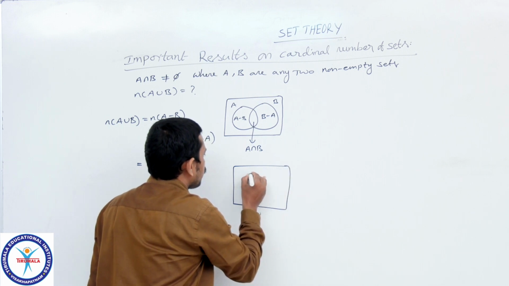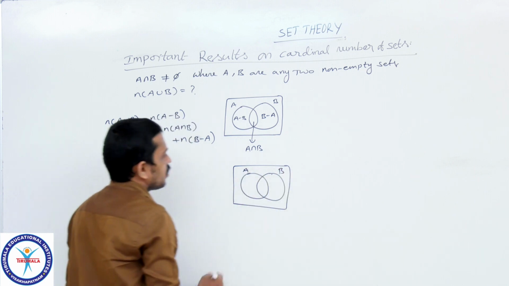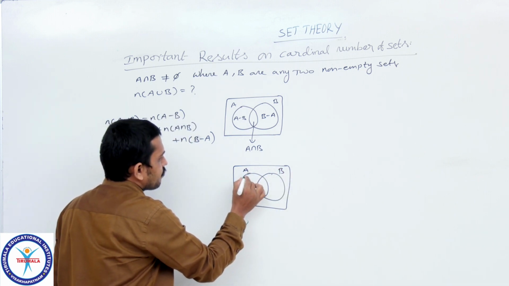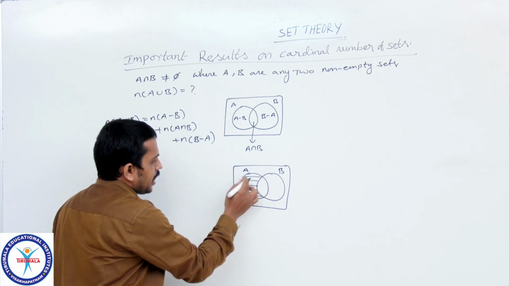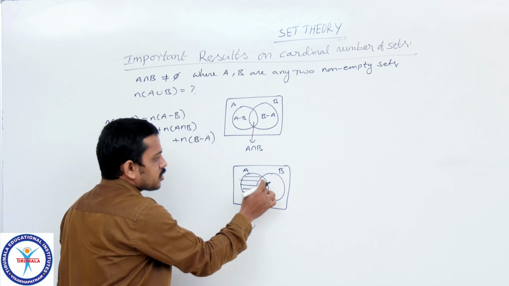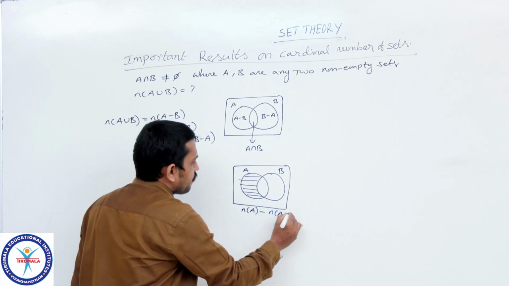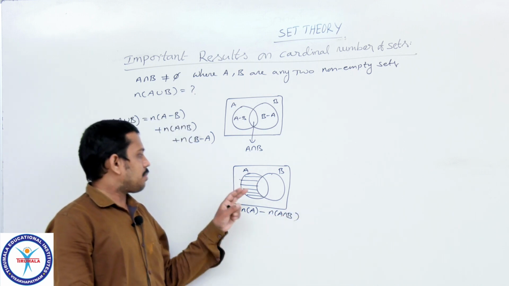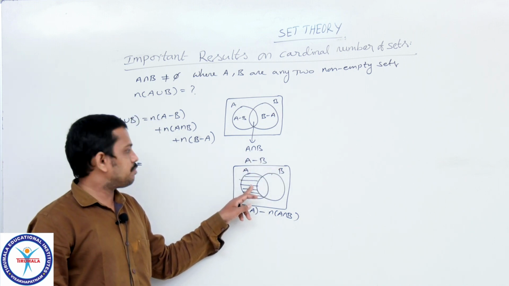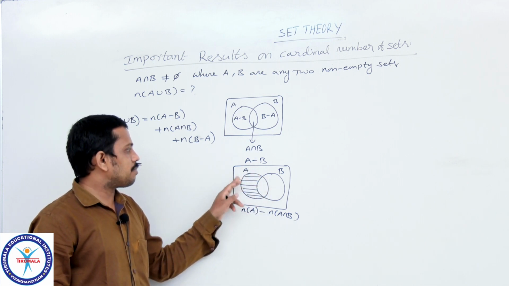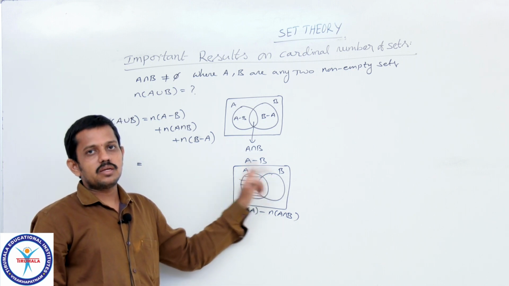The set of elements only belonging to A but not belonging to B. This is A minus B, meaning the elements only in A but not in B. This is nothing but n of A minus n of A intersection B. So, the number of elements in A minus B is equal to the total number of elements belonging to A minus the number of elements common to both A and B.